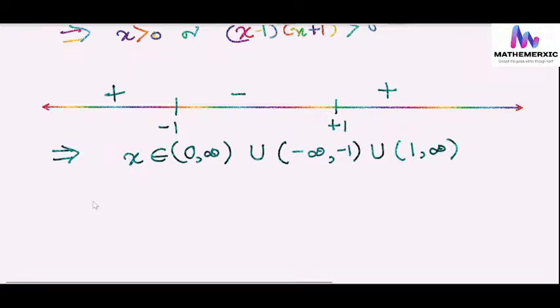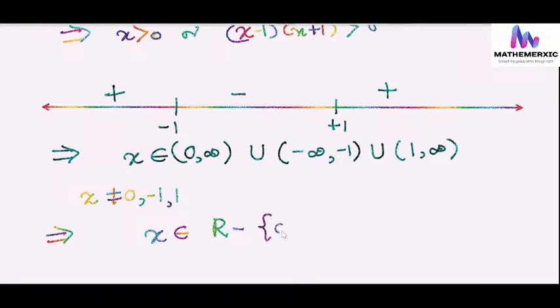So here only one thing, x is not equal to 0, minus 1 and 1. Or this can be further written as x belongs to all real numbers minus 0, plus minus 1.